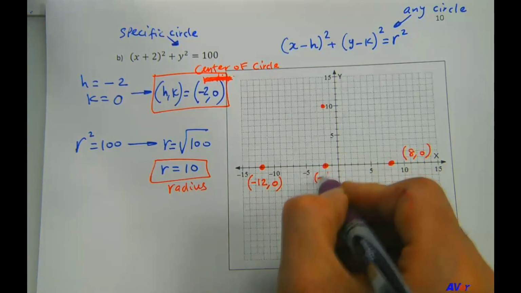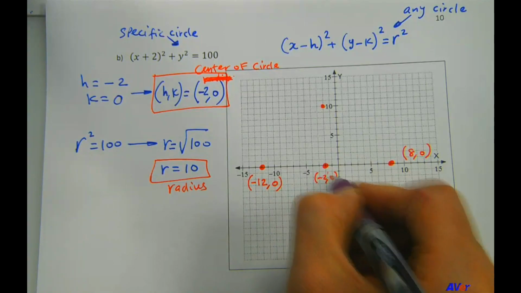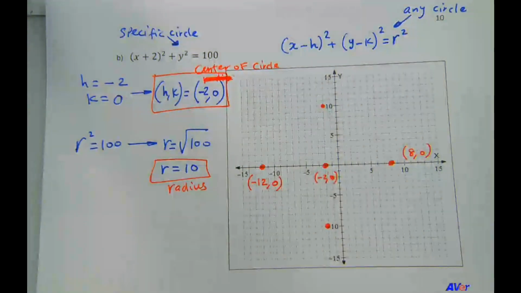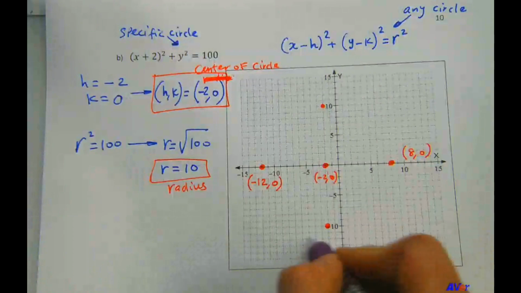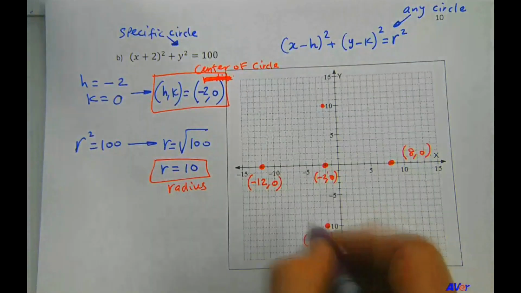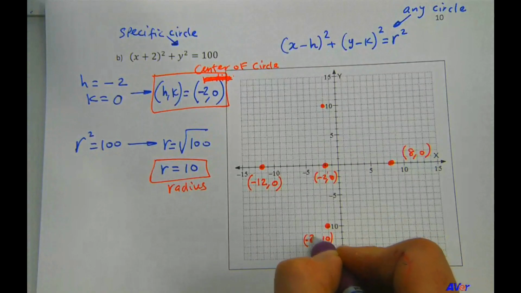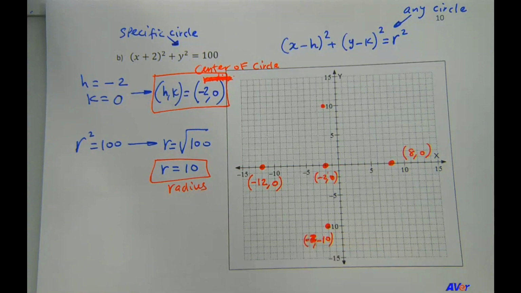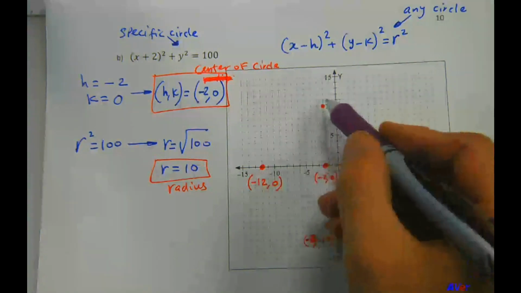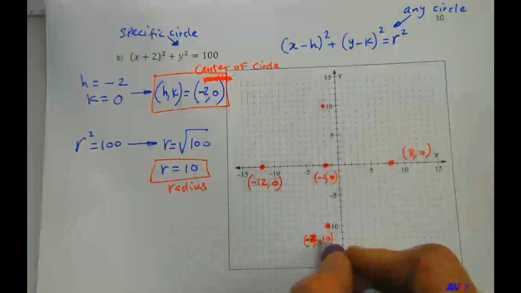And this is negative 2 comma 0. That's the center of that circle. And then this is negative 2 comma negative 10. That's that point, negative 2 comma negative 10. And that is negative 2 comma positive 10.